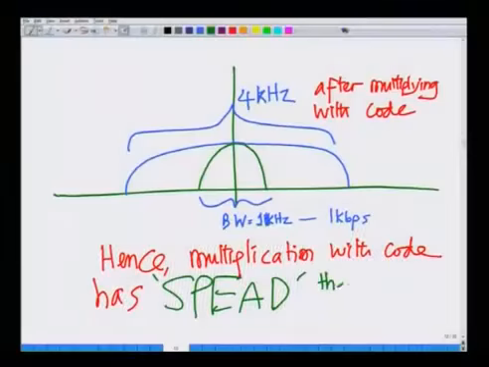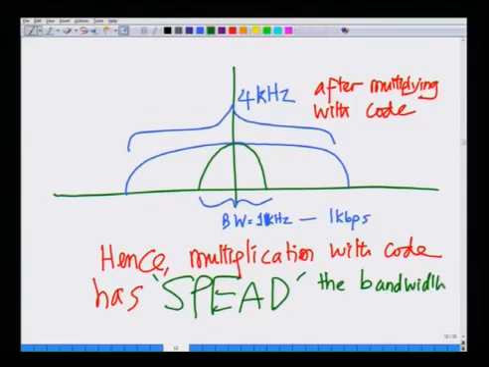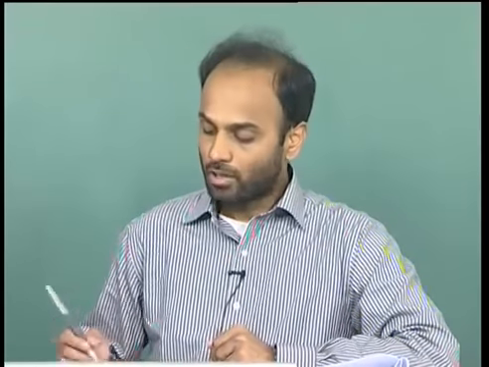So, multiplication with the code has resulted in spreading the bandwidth, or has spread the spectrum of the original signal. Hence, this CDMA is also known as a spread spectrum technology.